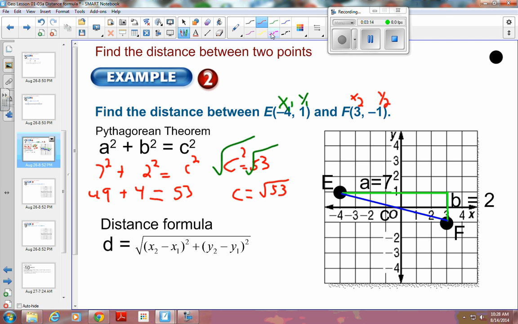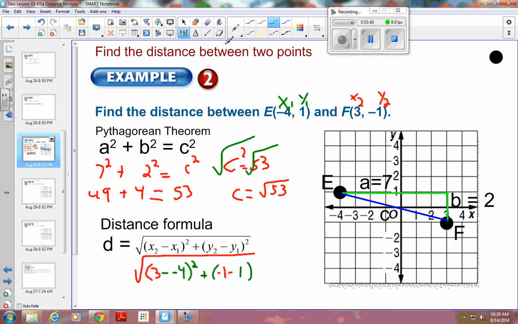So x2 is a 3, so I want the square root of x2, which is 3, minus x1, and x1 is a -4, so minus a -4 squared, plus, I need the y2. y2 was a -1, so I put the -1 in there, put my minus sign, and y1 is a +1, so I put my +1 in there.